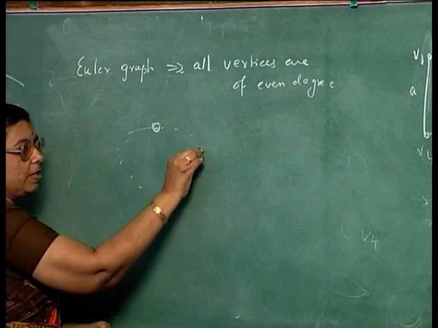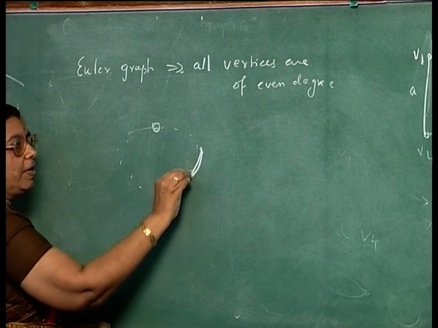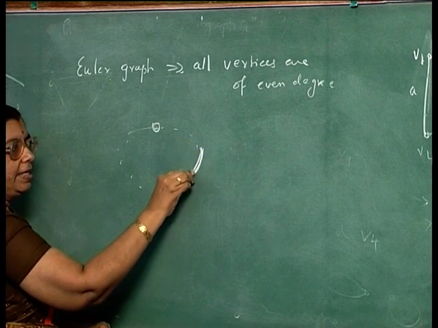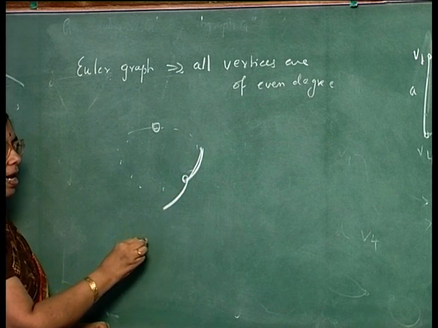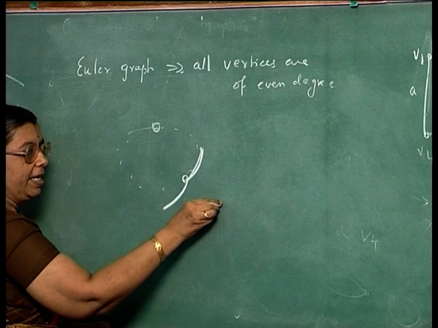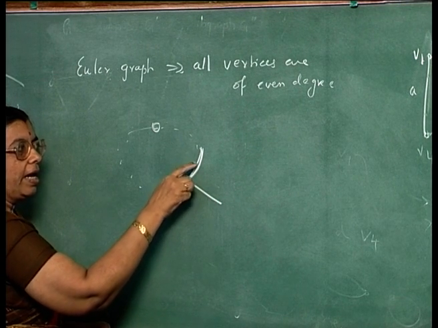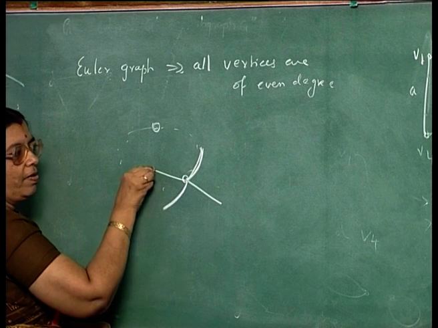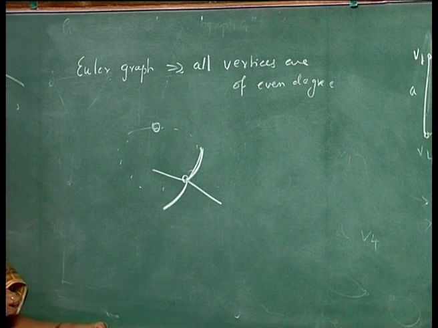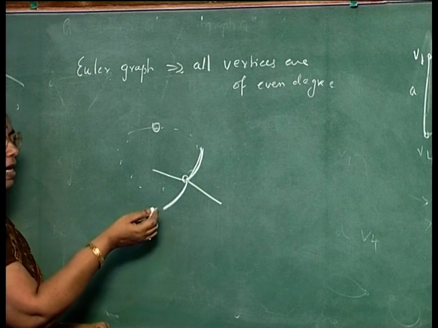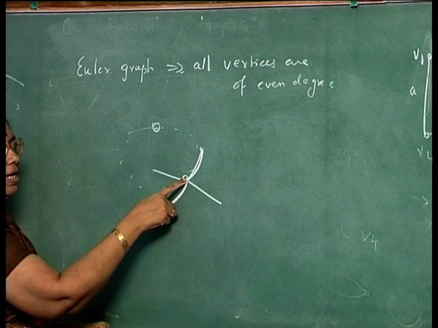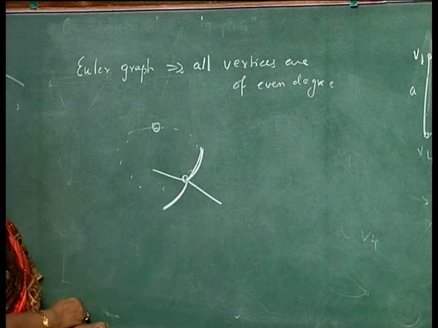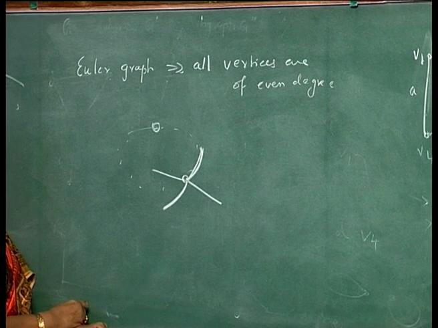So, if the walk enters this node once, it has to leave through another edge only, not the same edge. And by some chance, if it enters again, it cannot use these two, it has to leave this node through a different edge. So, if you calculate like that, you can very easily see that the number of edges incident on any vertex is even, or the degree of this vertex is even.